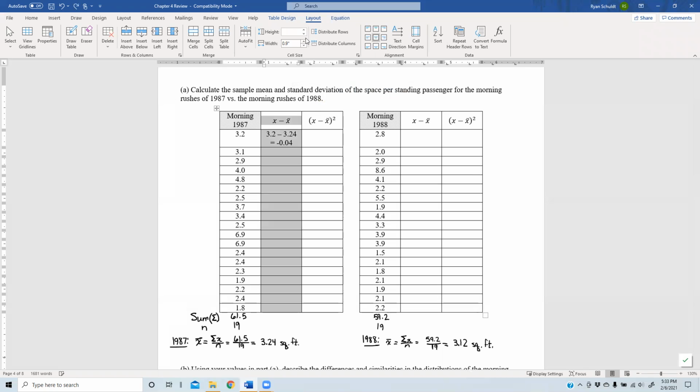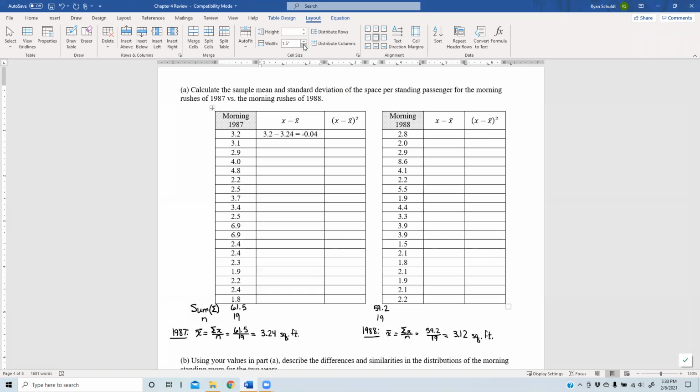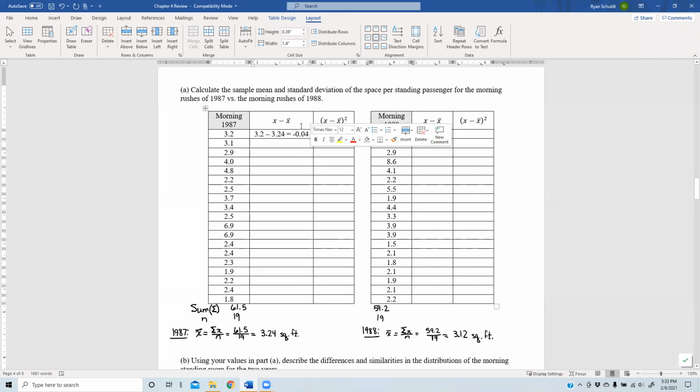See if I can make this wider. There we go. Oh no, let's do each of them. So now I have this negative 0.04. Now I need to square that.